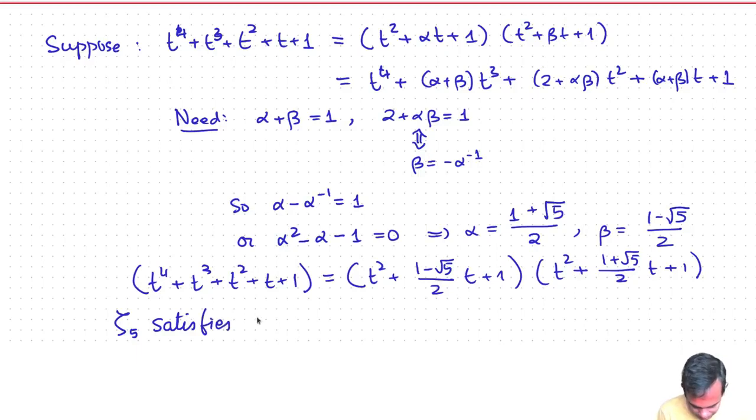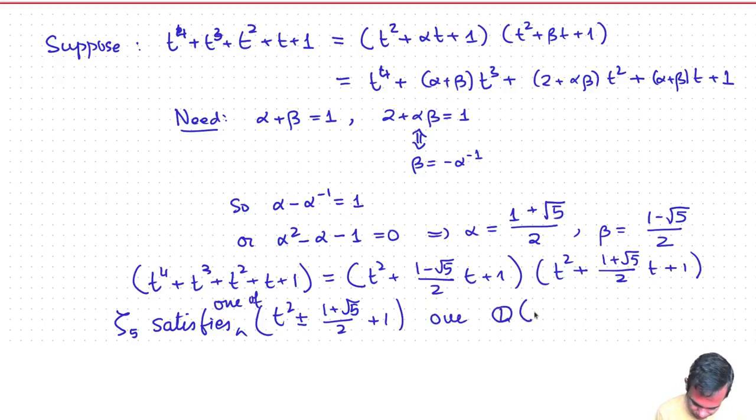And so what we have is that zeta 5 satisfies one of these quadratic equations, t squared plus (1 plus or minus root 5)/2 t plus 1, over Q adjoin root 5.